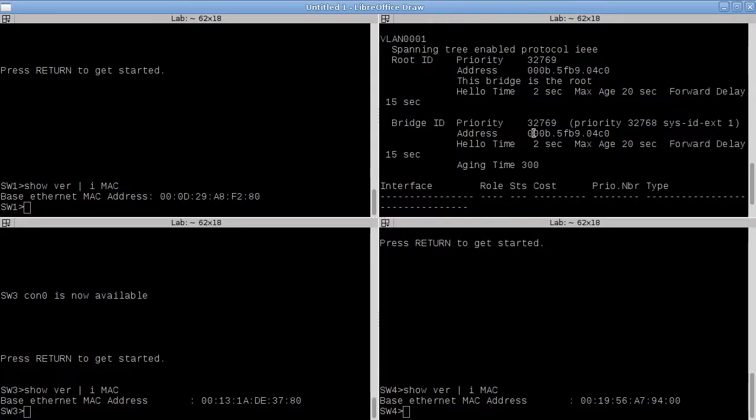And the priority usually defaults at 32768, and it has to be in multiples of 4096 because the VLAN gets added to the priority value. So we see this is 32769. This bridge here is the root, and so that means the other bridges are not the root.